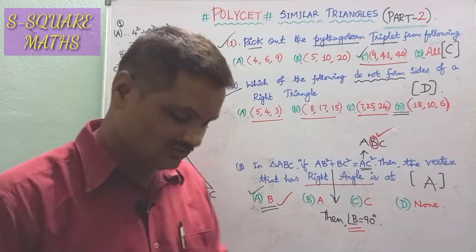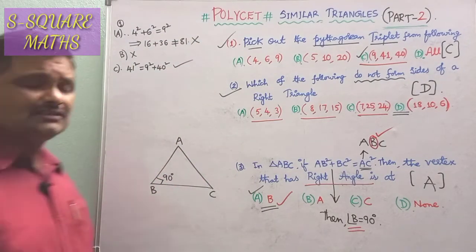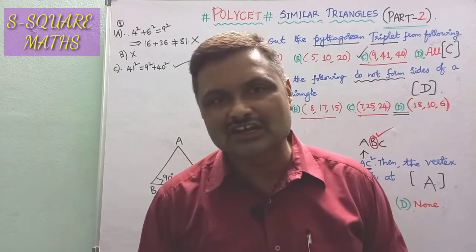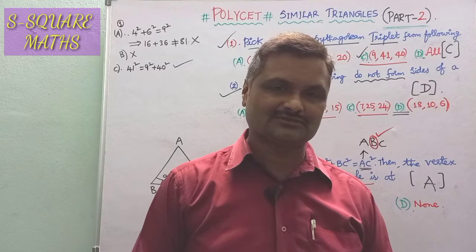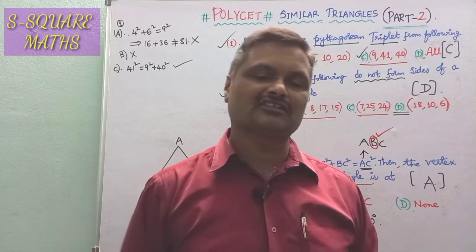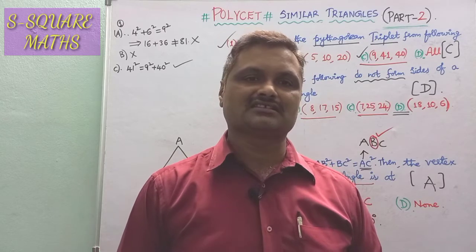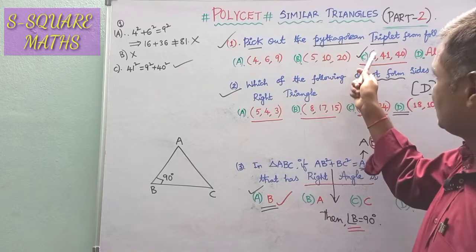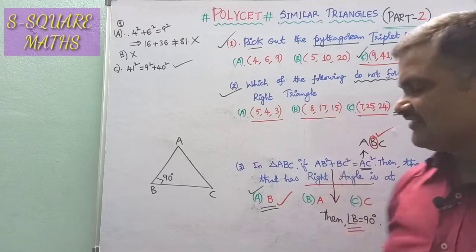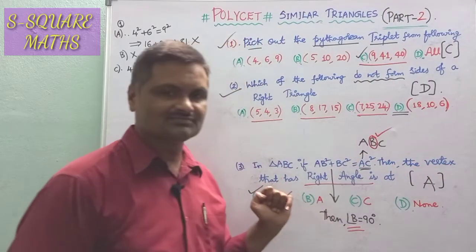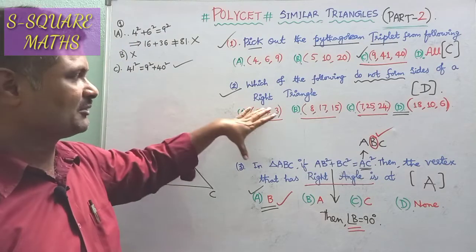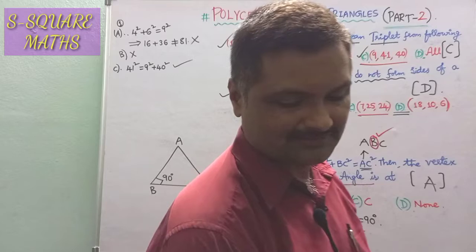I hope in this video you got the best knowledge and experience regarding Pythagorean triplets. Please memorize around 10 or 12 repeated Pythagorean triplets, then you can answer easily. For the question on which do not form a right angle triangle, and the one asking at which vertex, you can check it in this way, and if you memorize the first and second ones, you can do it very easily.